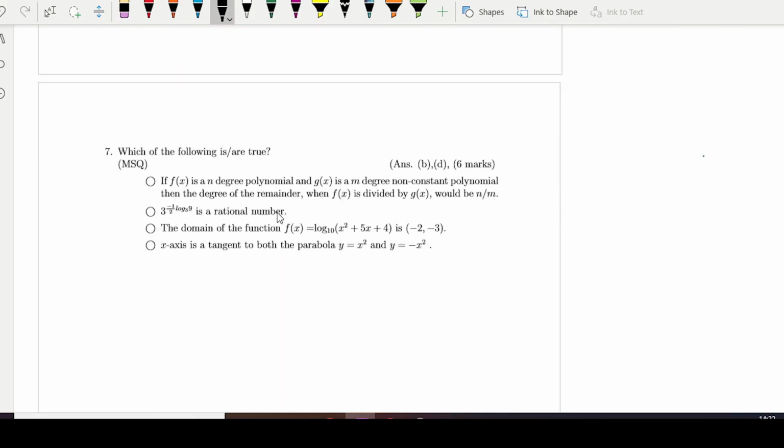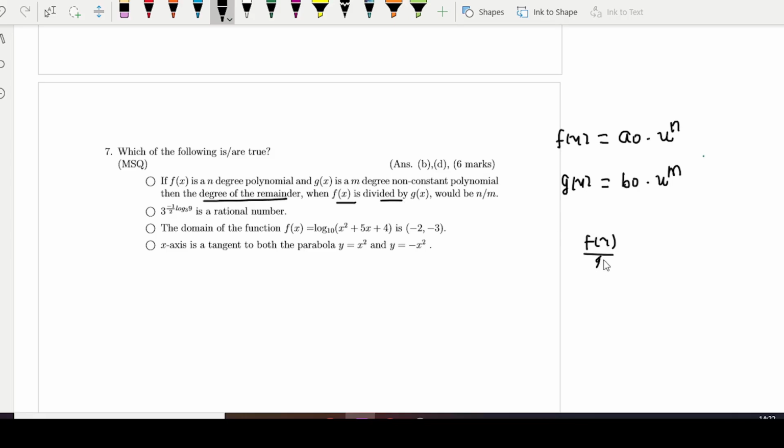The seventh question is, if f of x is an n degree polynomial and g of x is an m degree non-constant polynomial, let us suppose f of x is equal to a naught x to the power n and g of x is equal to b naught times x to the power m, and it is asking about the degree of the remainder when f of x is divided by g of x.